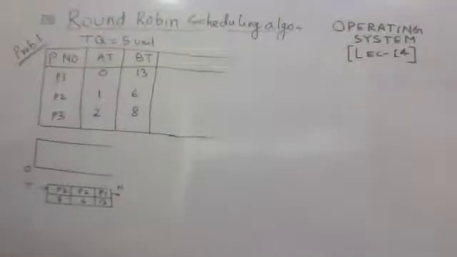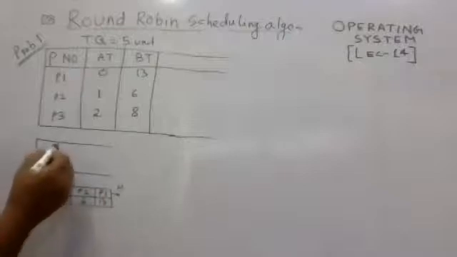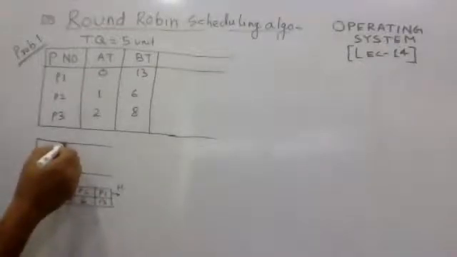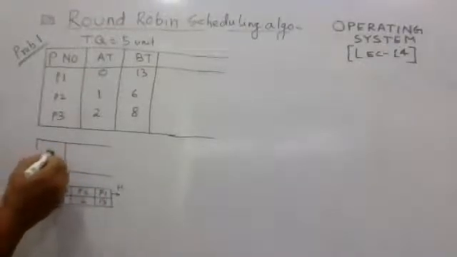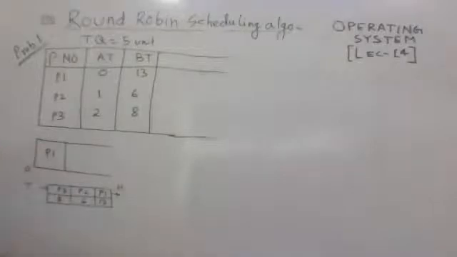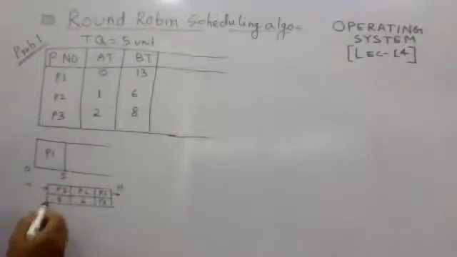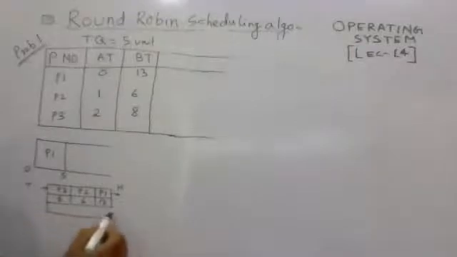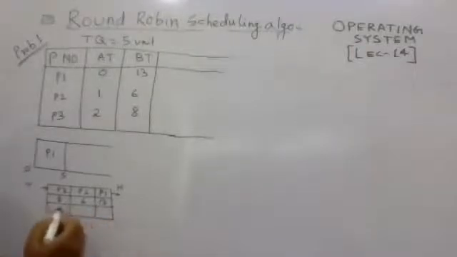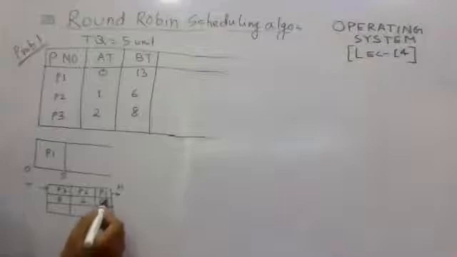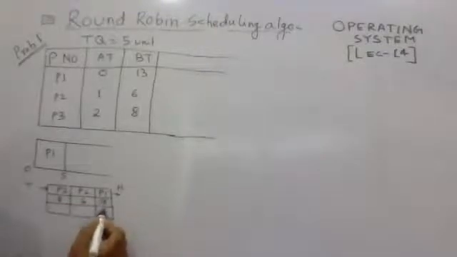Okay, so the first process which we have to schedule is P1, and obviously we have to assign P1 for 5 time units, so 0 to 5. So here the remaining time is 8.